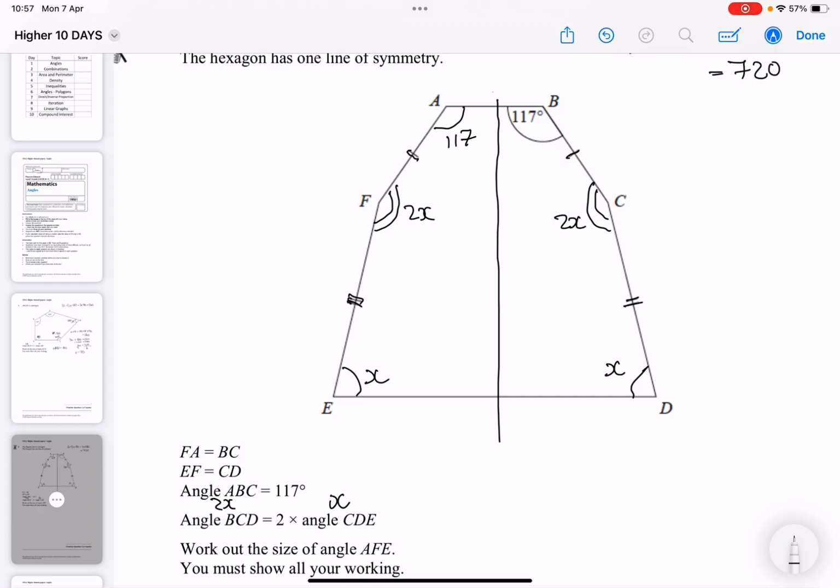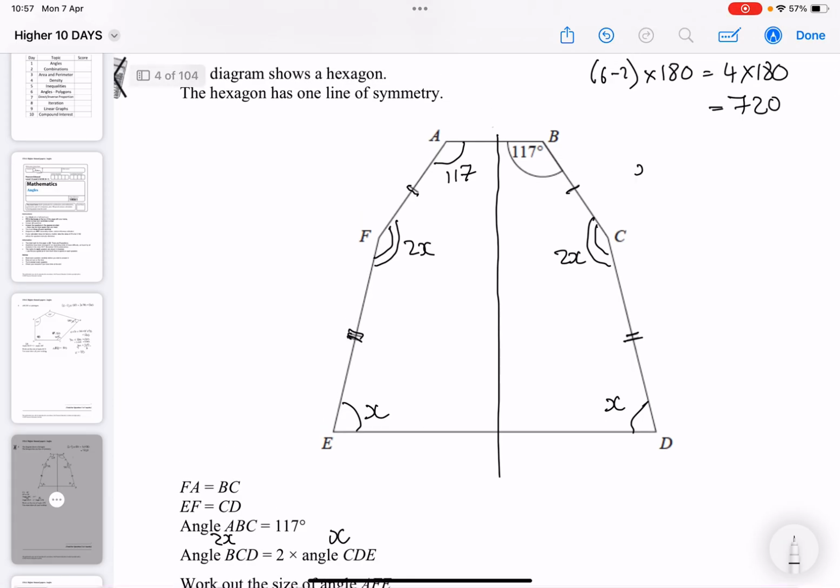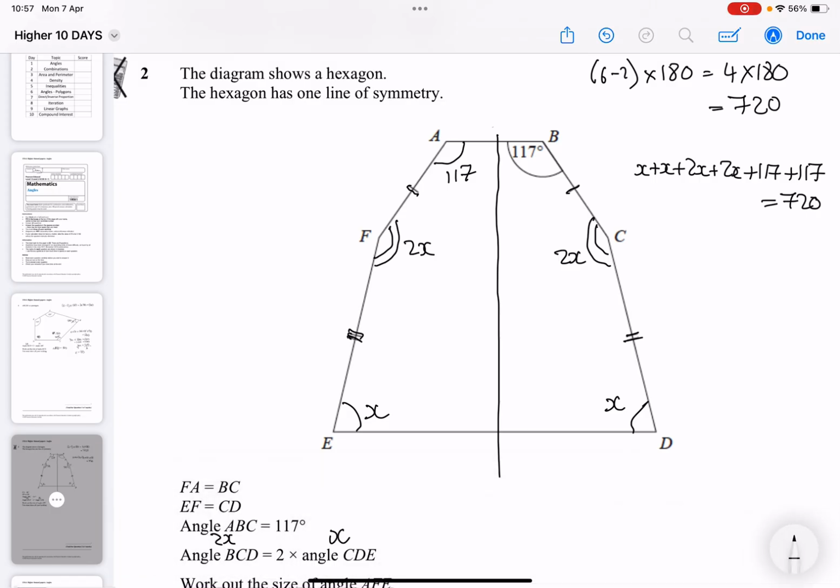So what I've got is x plus 2x plus 2x plus 117 plus 117 equals 720. x plus 2x plus 2x plus x is 6x, so 6x plus 234.